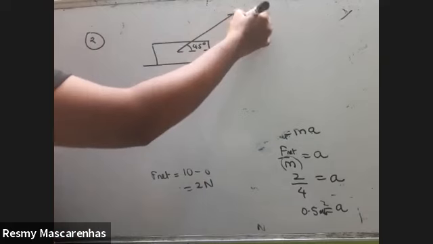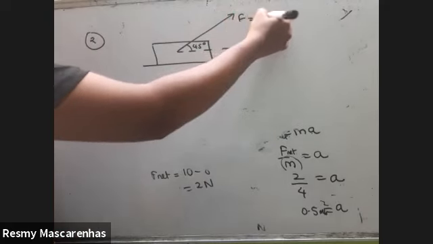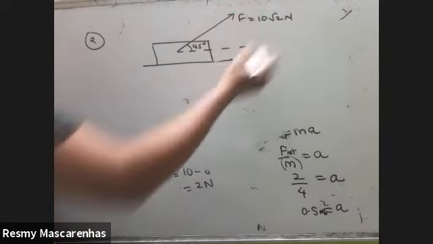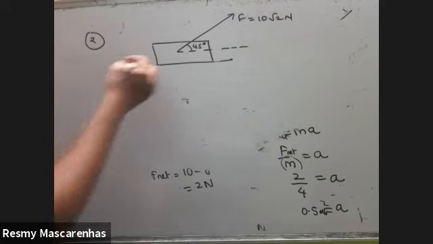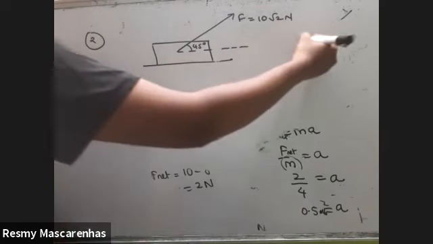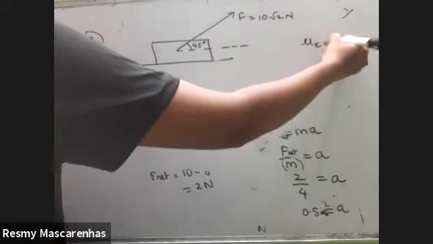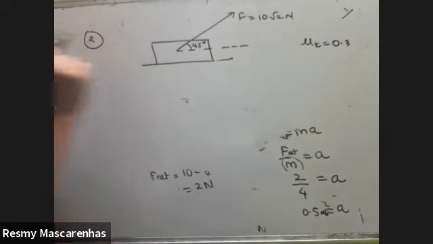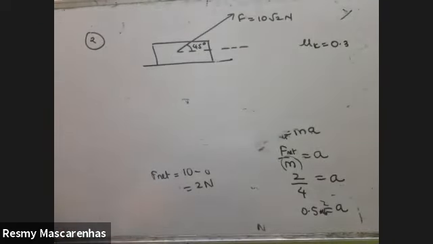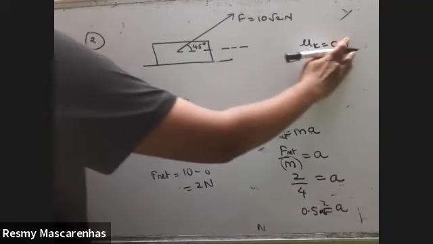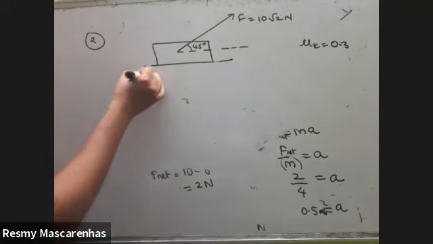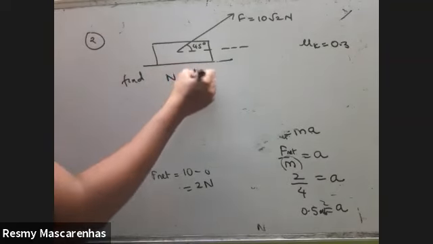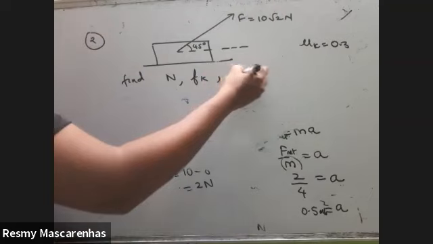This is the applied force F. And for this, mu k, the kinetic friction coefficient, is given to me as 0.3. Calculate, find the normal force, kinetic friction and acceleration.